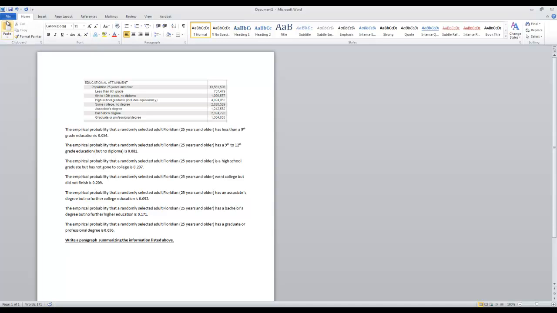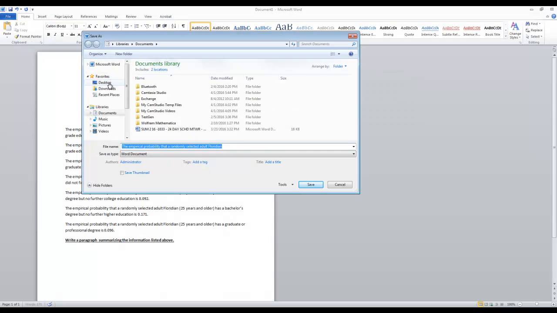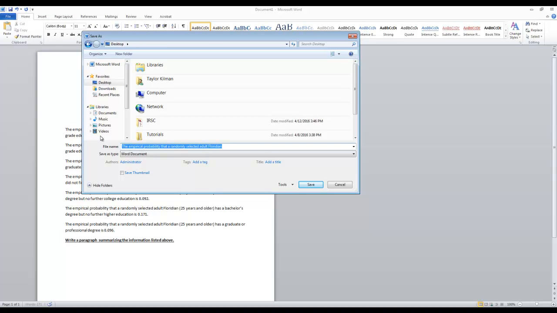Again, make sure to always name it correctly. So save as, let's see, I'm going to save it on the desktop. Name it, at least for my classes, last name, underscore, first name, underscore, page number. This was page 93, so P93. Okay?